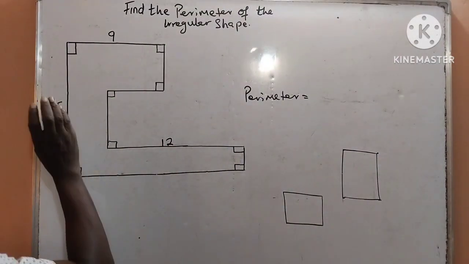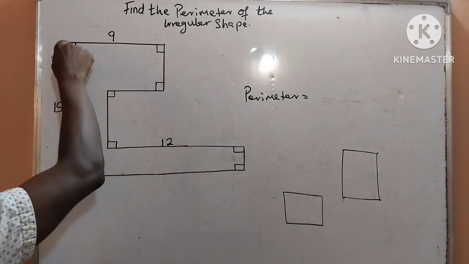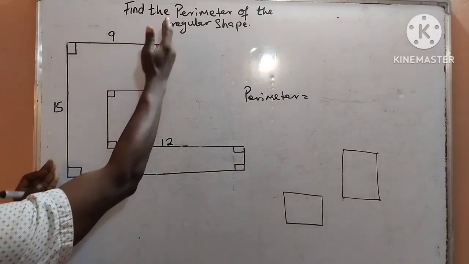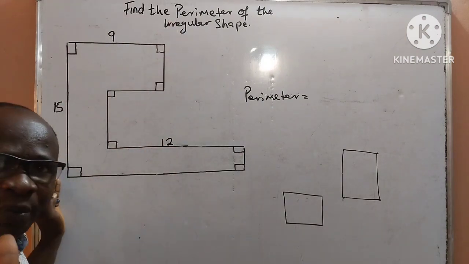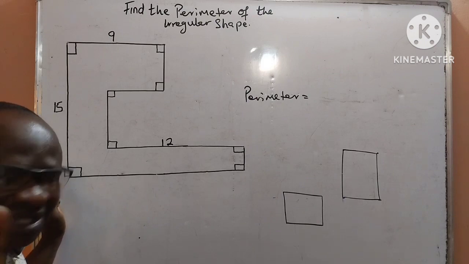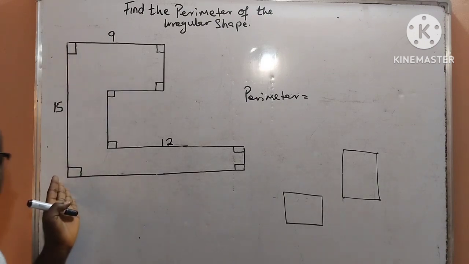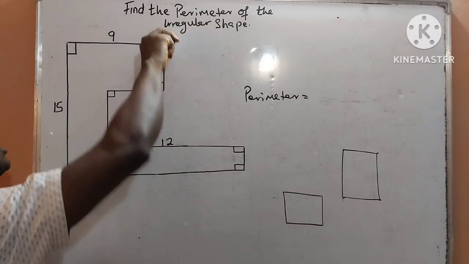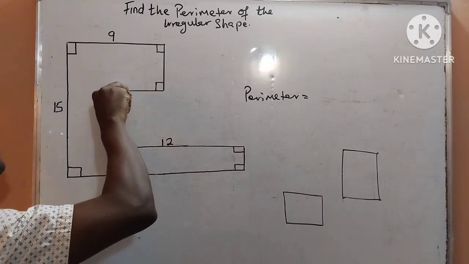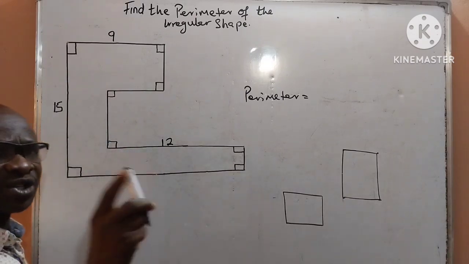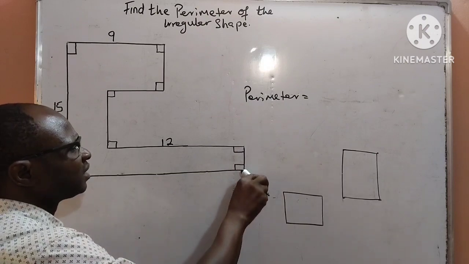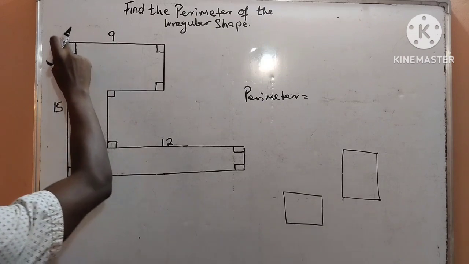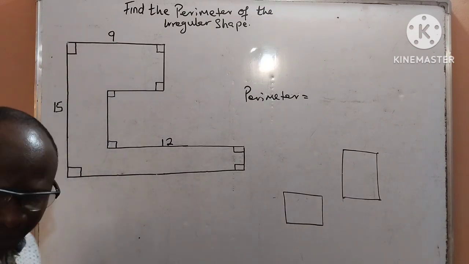Therefore, we come to this figure given to us. From the top to the end is 15 units. It means that the opposite side of it should also be 15 units. And what is the opposite side of these 15 units? As you are looking, from this place to this place, 1. From here down to this place, 2. And from here down to this place. The opposite vertical lines are equal to these 15 units.